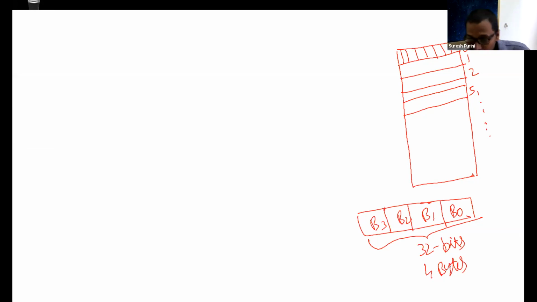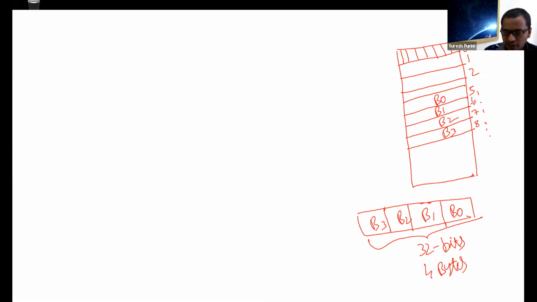So what happens when we store an integer in the memory is that every addressable memory location can hold only 1 byte. For example, if the address of some variable starts at 5, then B0 will be stored here, B1 here, B2 here, B3 here.